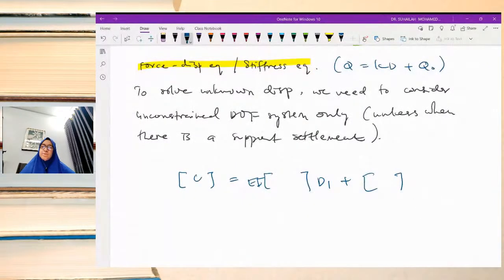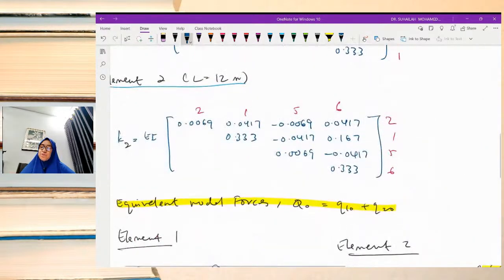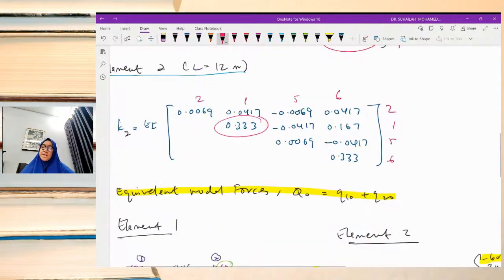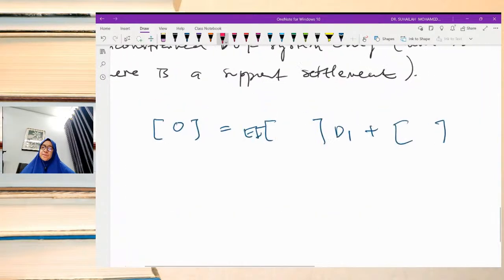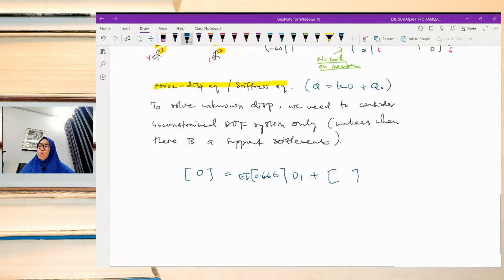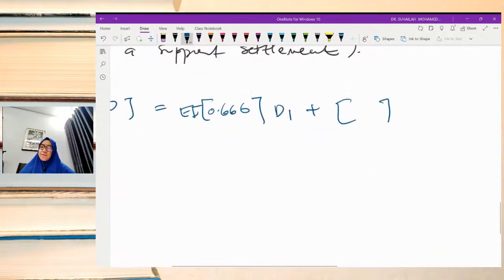So here is 0. Okay, EI means position 1. K at position 1 is 0.333 plus 0.333. Okay, it is 0.666. So here is 0.666. Okay, and Q naught is negative 60.